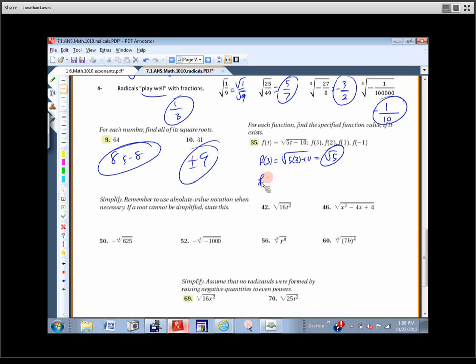Let's do f of 1. Square root of 5 times 1 minus 10, that's the square root of negative 5. Nope. We could say does not exist. Or we could say, better yet, not a real number. Any one of those would be okay.